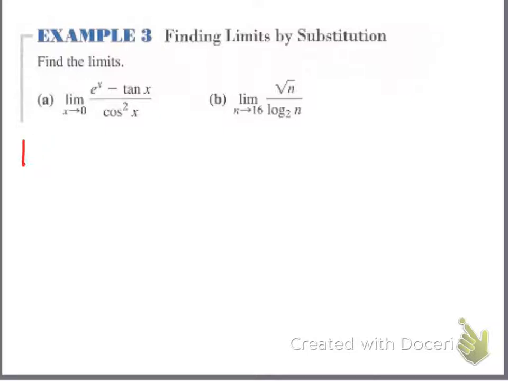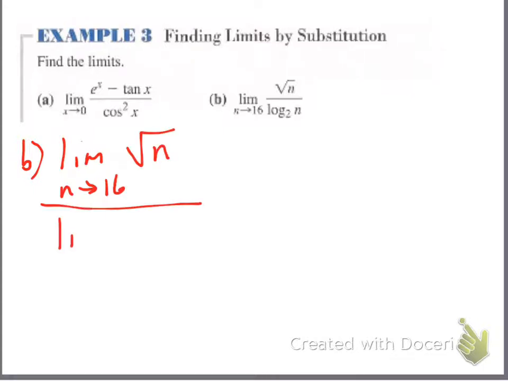Got it. Okay. So we're going to do the same thing in part B. We have the limit as n approaches 16 of the square root of n divided by the limit as n approaches 16 of log base 2 of n.